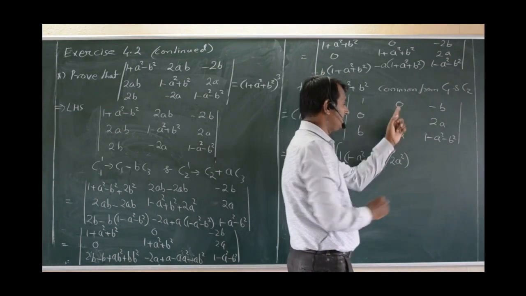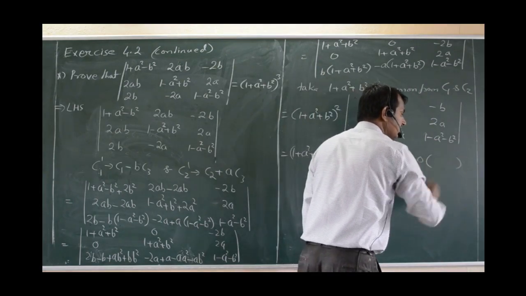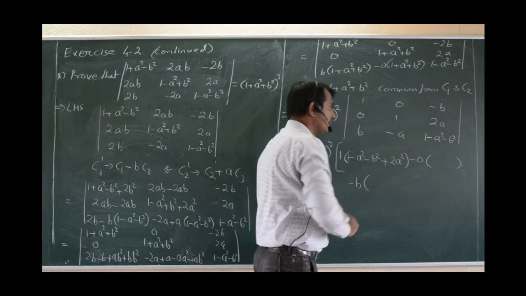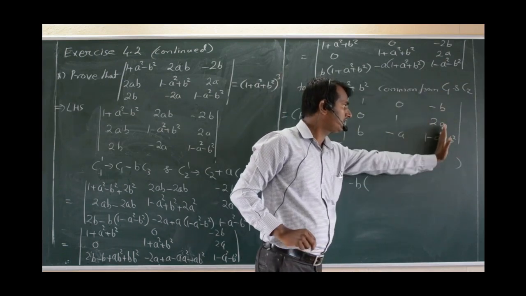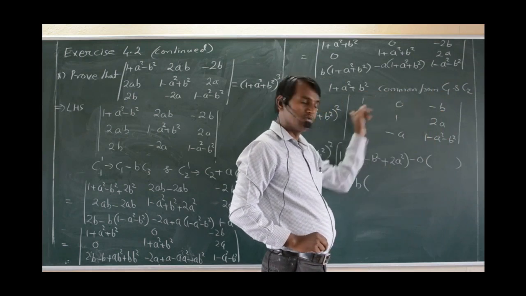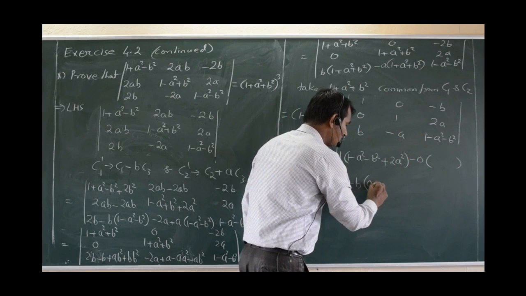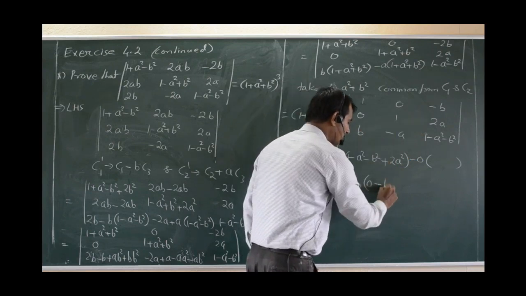Minus of 0 into anything, the value will be 0 only. And then at last minus b into, leaving this row and this particular column, taking the determinant of this 2 cross 2 determinant, what we get is 0 into minus a, 0 only, minus b into 1, that is b.